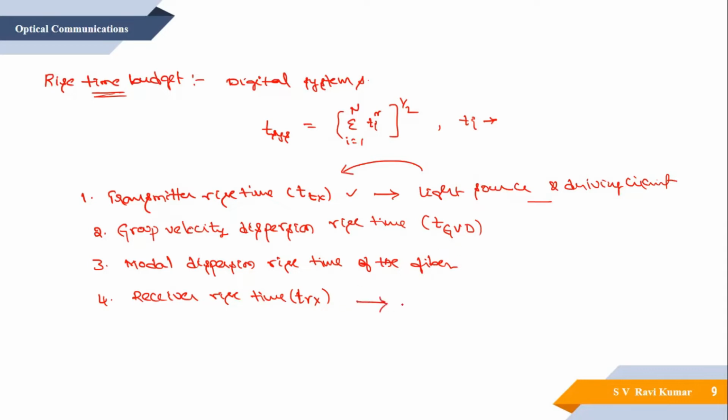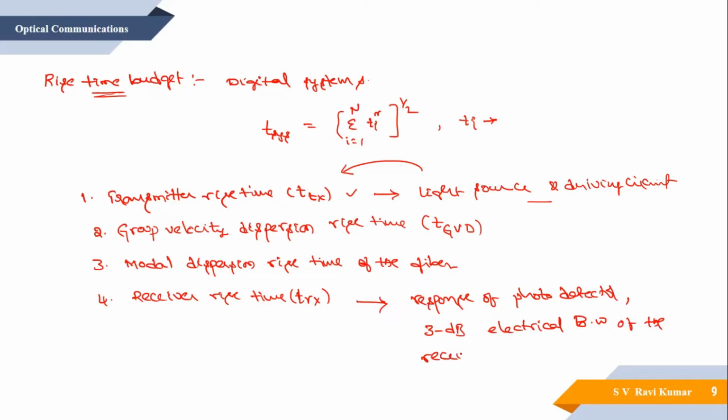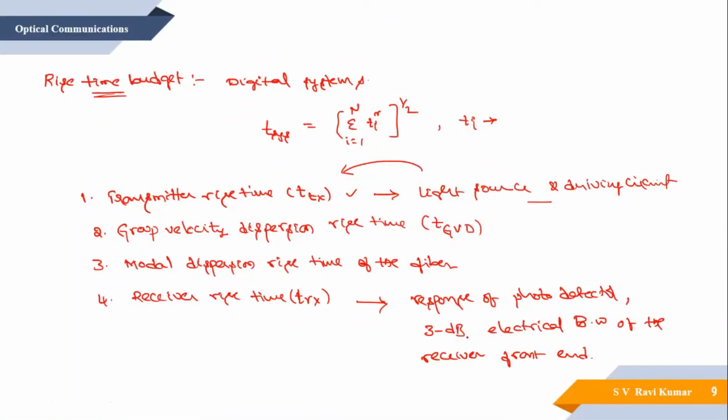And the receiver rise time is because of the response of the photodetector you are using and the 3 dB electrical bandwidth of the receiver front end. So these are the main 4 factors which can affect the system response.